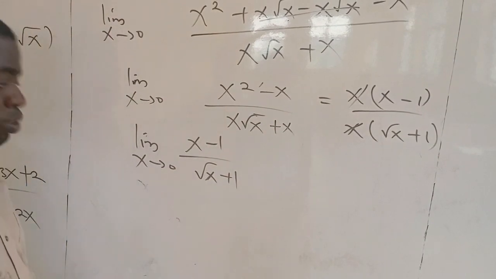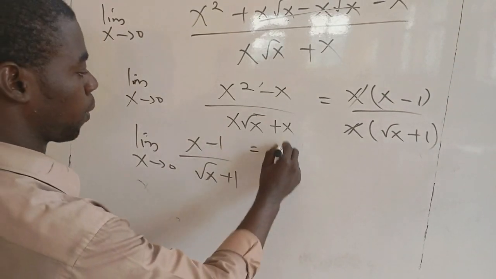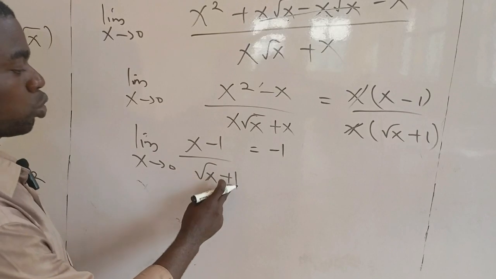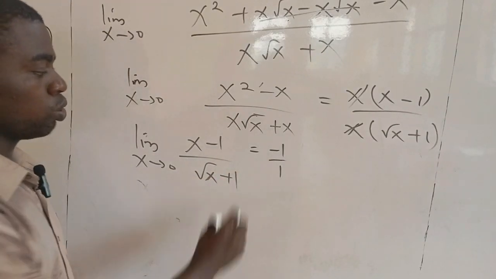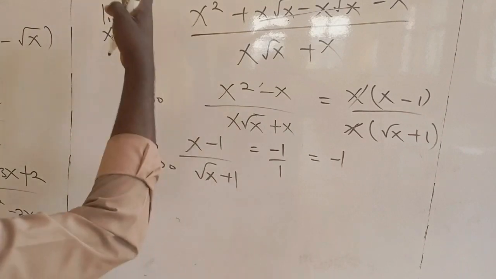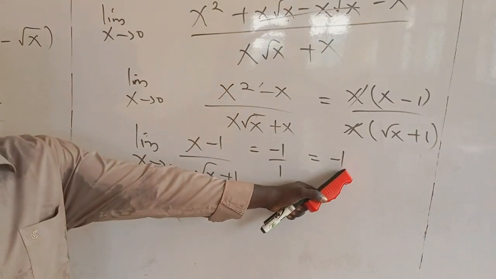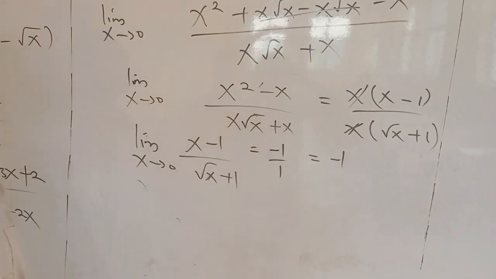And so by substitution, we can substitute now. 0 minus 1 is minus 1, and 0 plus 1 is 1. So this is equal to minus 1. So the limit of our function as x approaches 0, by simplification, we find to be minus 1.